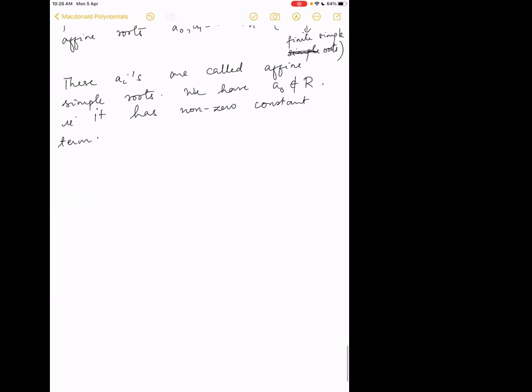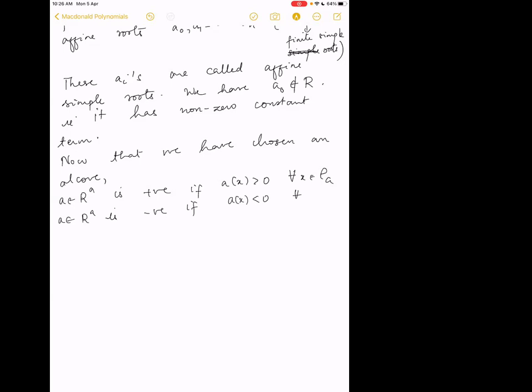Okay, so now that we have chosen an alcove, A belongs to RA is positive if A of X is greater than 0 for all X in CA, and A in RA is negative if A of X is less than 0 for all X in CA.